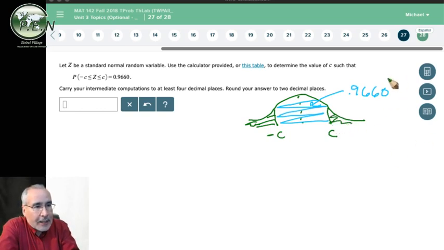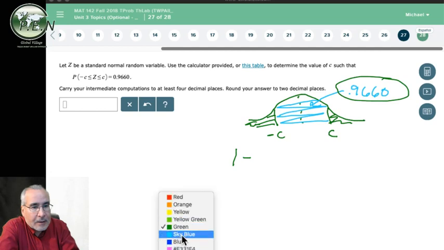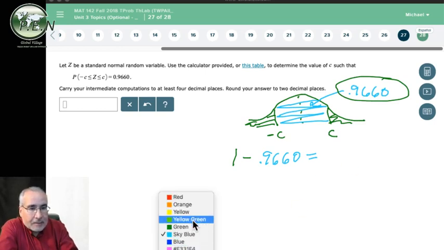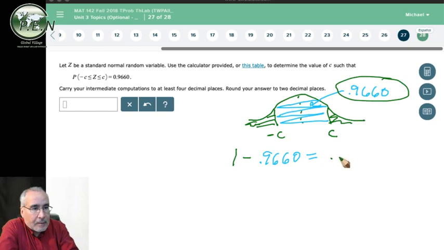So what we can do is take the number that we were given, subtract it from 1, and we'll get a value of 0.0340, right? I think that's good. But what is that? That's the area in both the tails. We only want one of the tails, so then we have to divide it by 2.